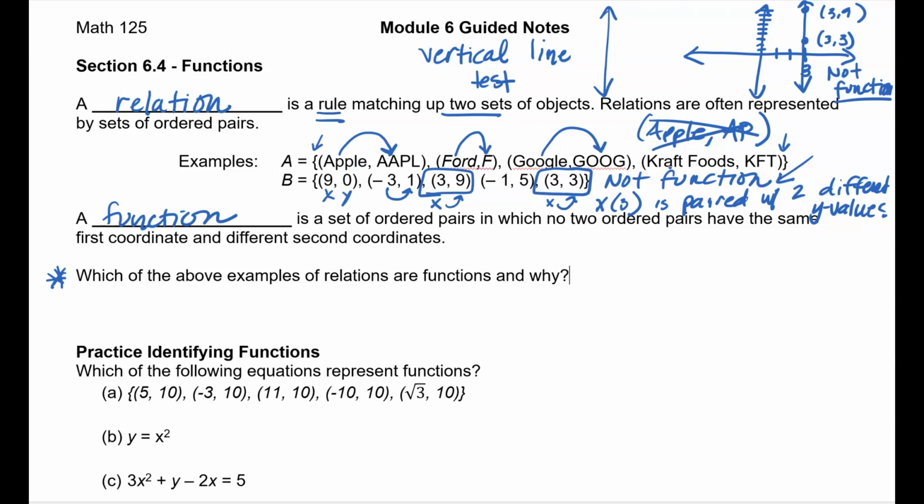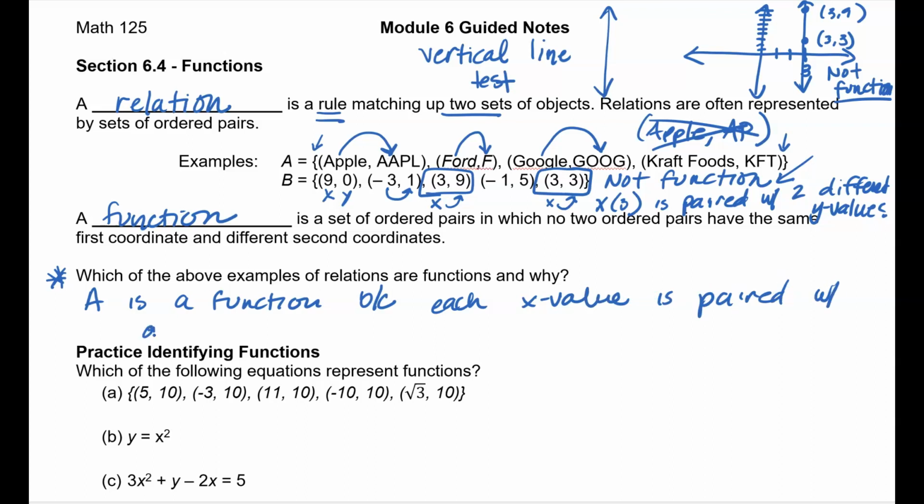Since each of these X's goes with only one Y, we say yes, it's a function. So A is a function because each X value is paired with only one Y value.